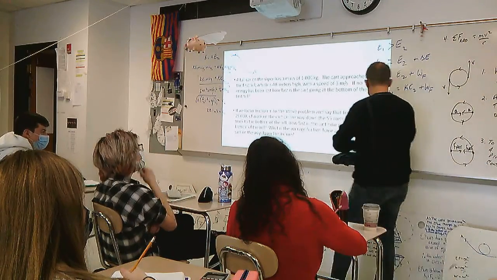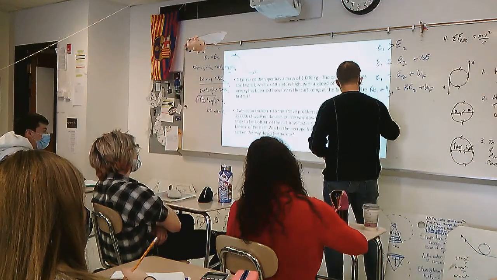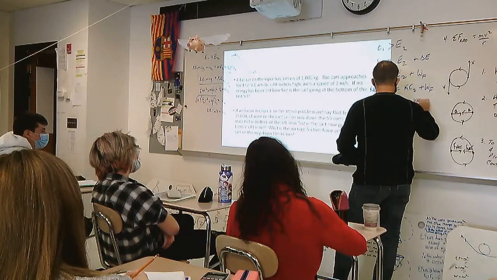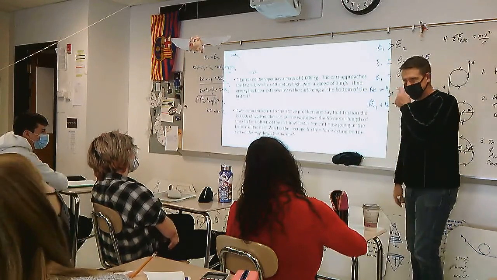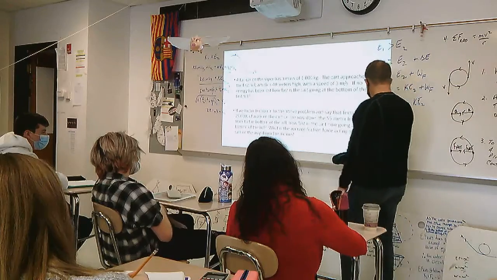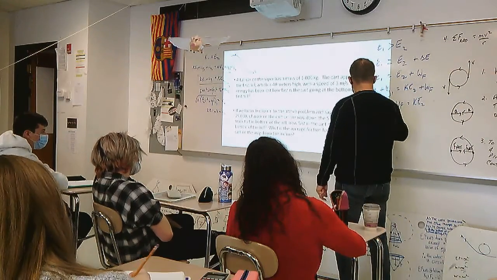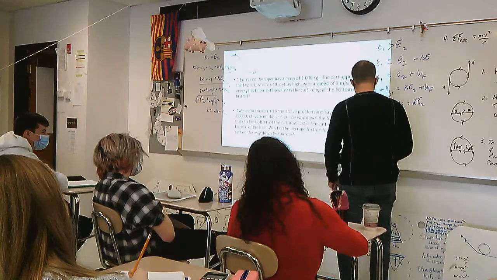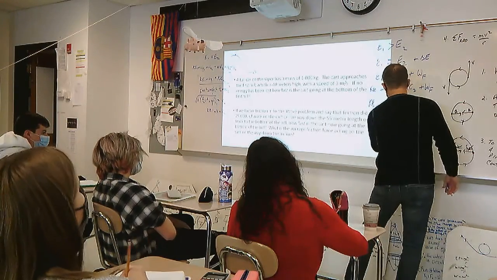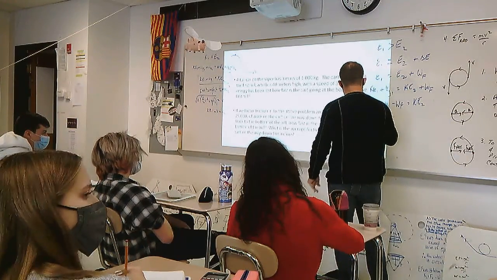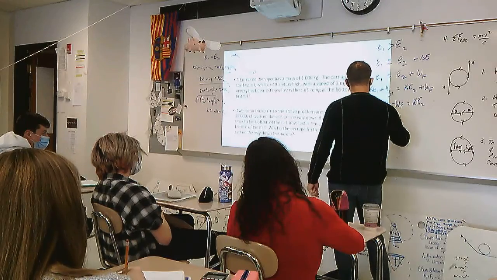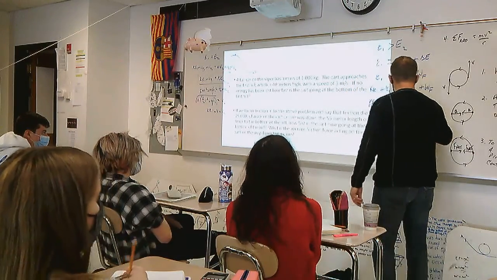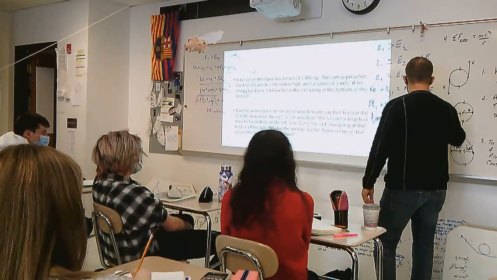Subtract it over. So I've got kinetic energy plus gravitational minus the work done by friction equals K2. Let me just get it in order: 1 half mv1 squared plus mgh1 minus the work done by friction equals 1 half mv2 squared.